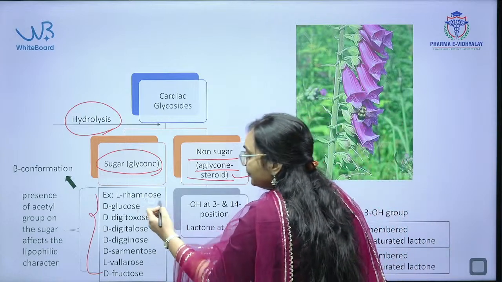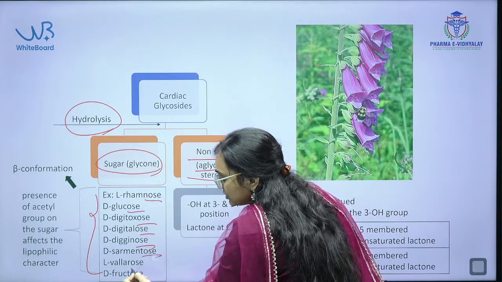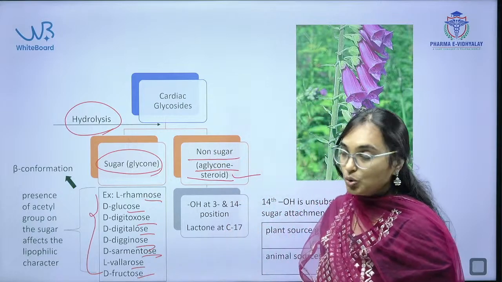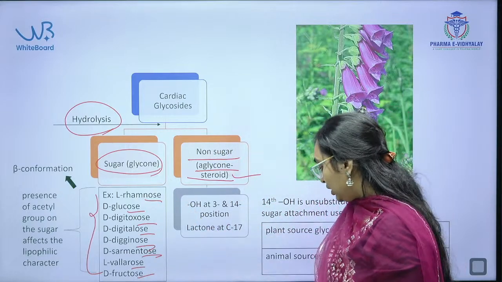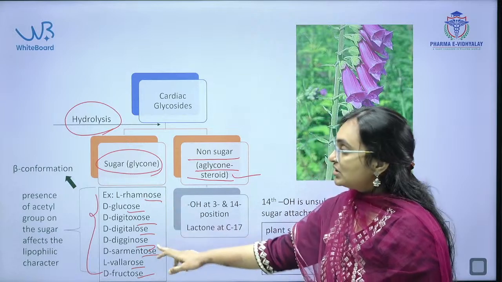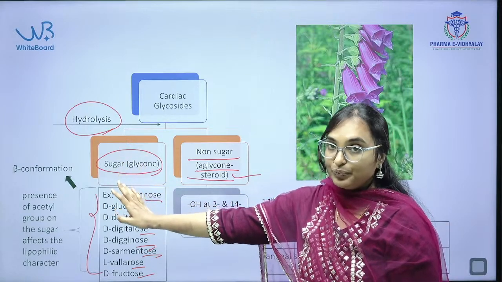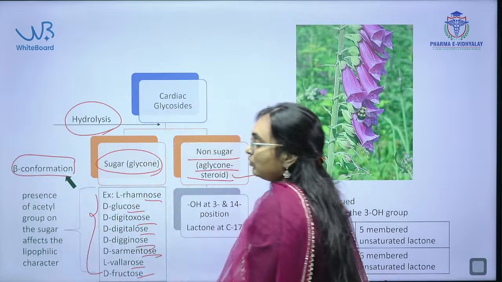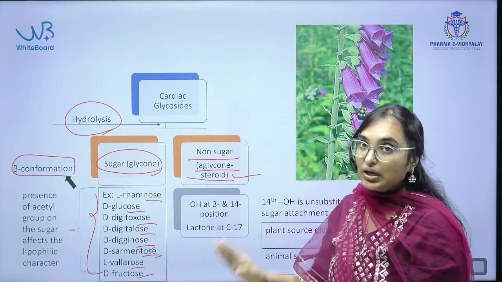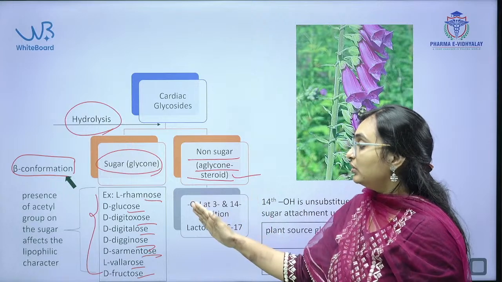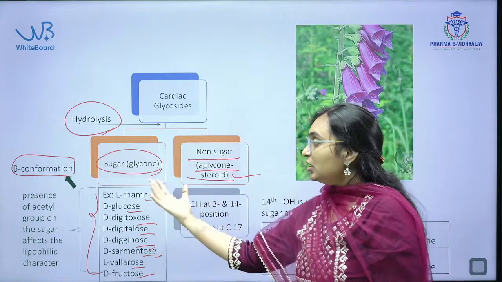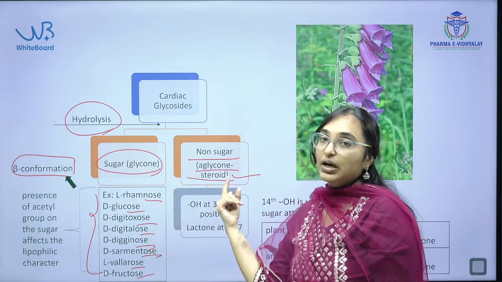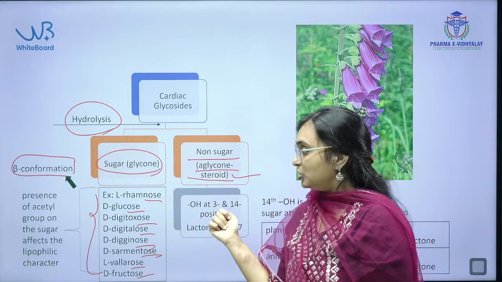You can remember that all the "-ose" names are the glycone or sugar part. One important point is that almost all the sugars exist in beta conformation only. This is also an important point, as there is a chance of being asked about the conformation of sugars in cardiac glycosides. It is beta conformation.